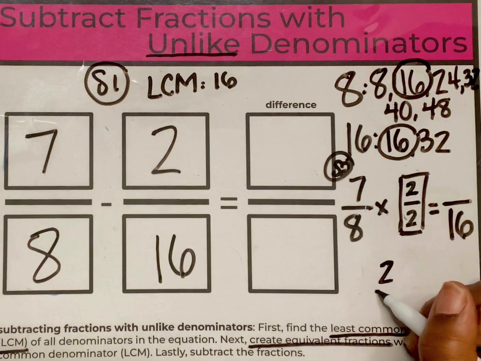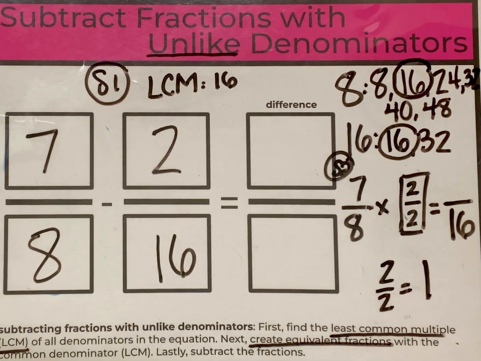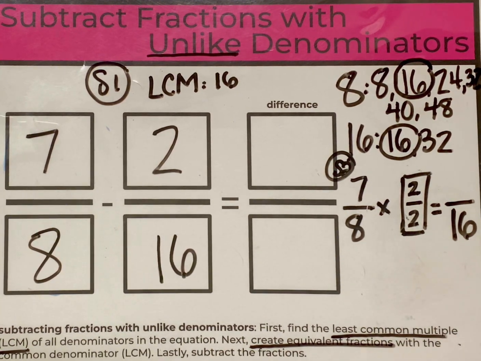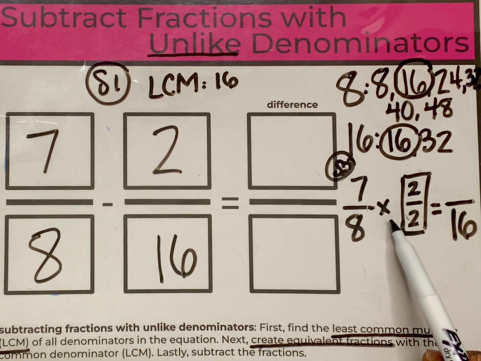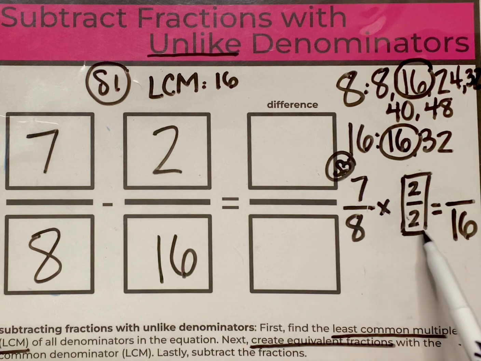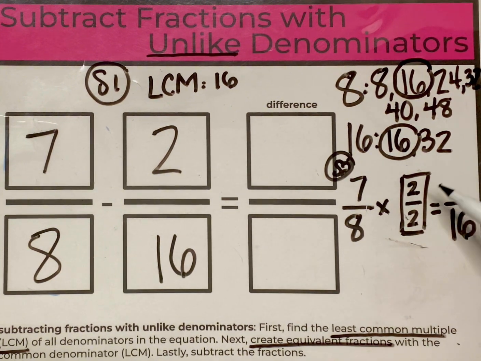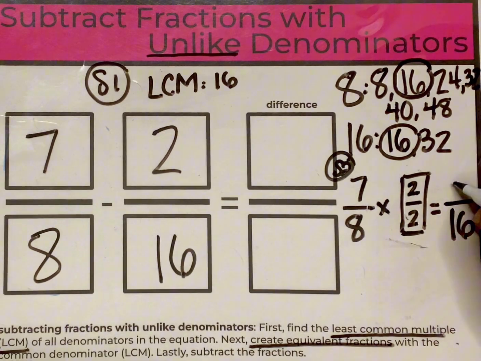And 2 over 2 is a fraction that equals 1 whole. Do we agree? Great. So you're going to multiply your fraction by a fraction that equals 1 whole, with the same number in the numerator and the denominator, to make this equivalent fraction. Now let's multiply. 7 times 2 is 14.